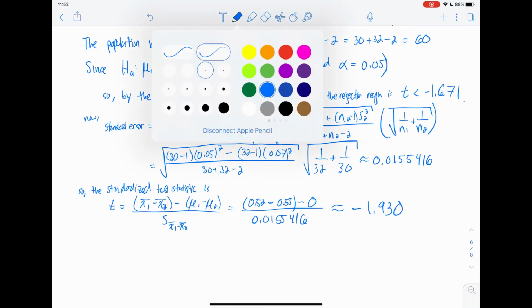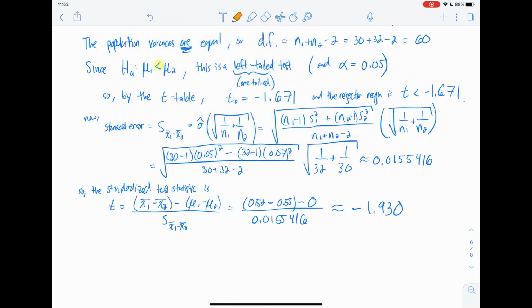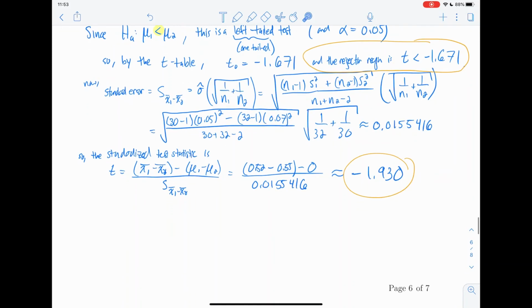So now all the difficult work is handled. The question is the age-old hypothesis test question, which is, how does your standardized test statistic compare with your proposed rejection region? And what we see here is that, in fact, this standardized test statistic is less than negative 1.671. So here we are in the rejection region.